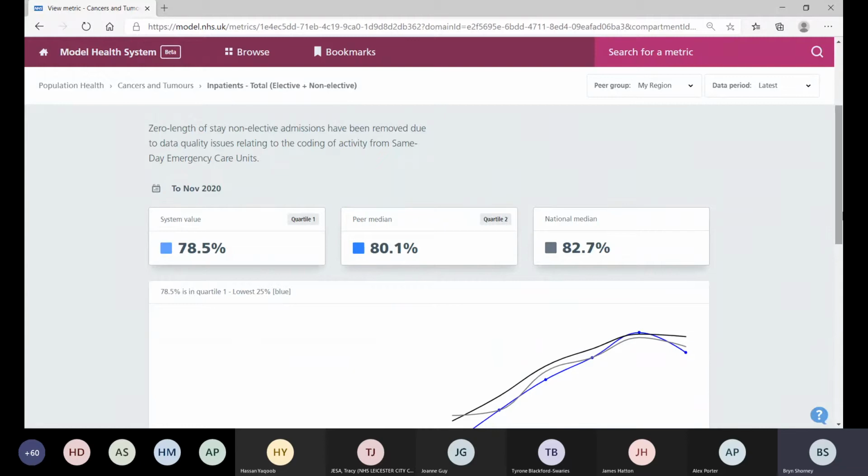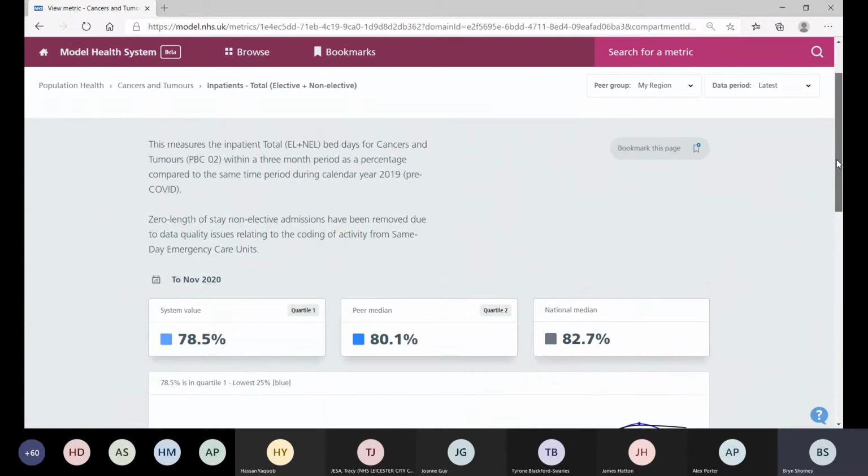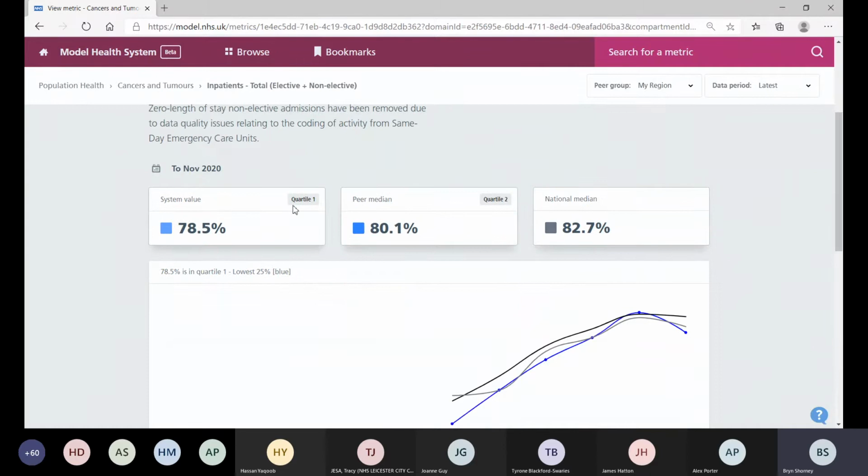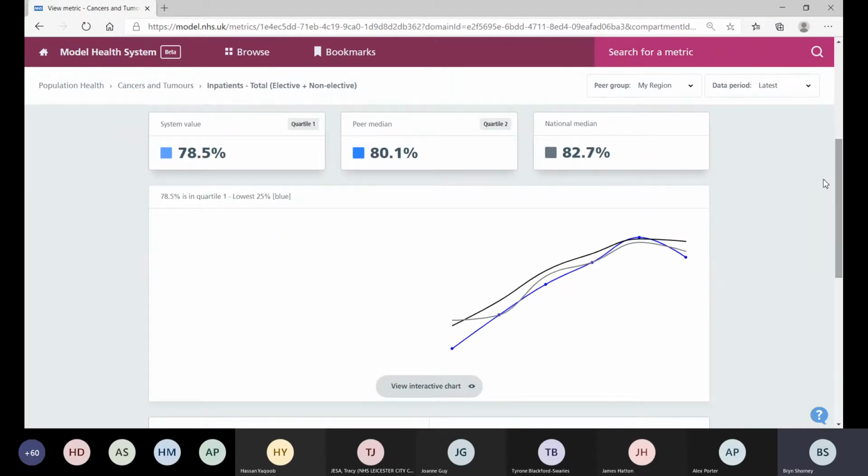So for this STP, which was Birmingham and Solihull, I believe, they are currently operating at 78.5% of the amount of beds that are full for cancer patients compared to that same period in 2019. And you can see the regional median and the national median are at a fairly similar level.